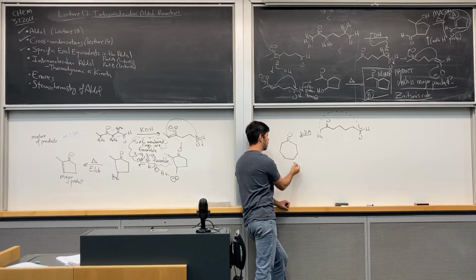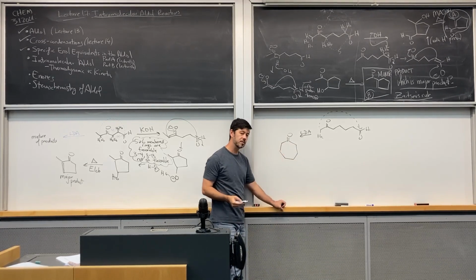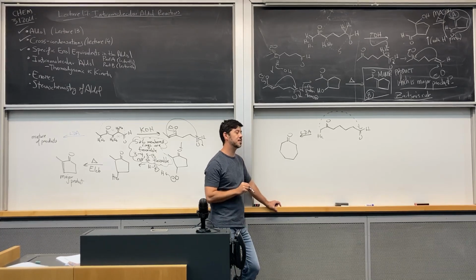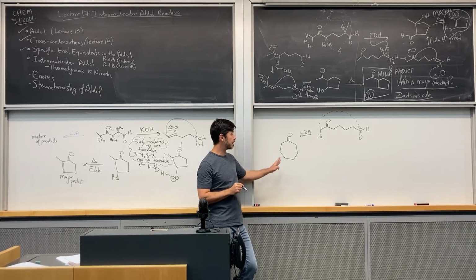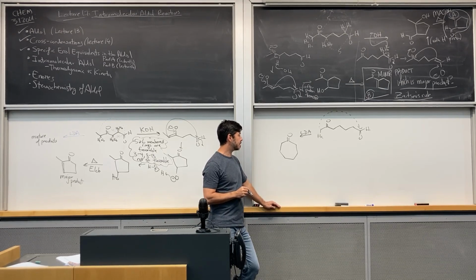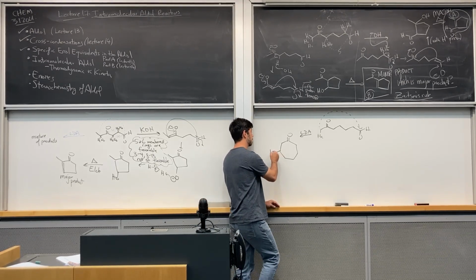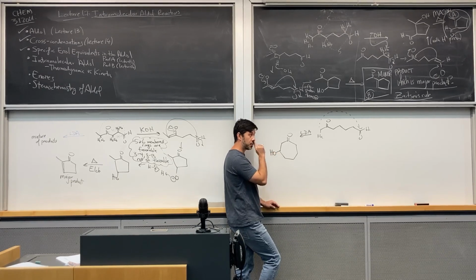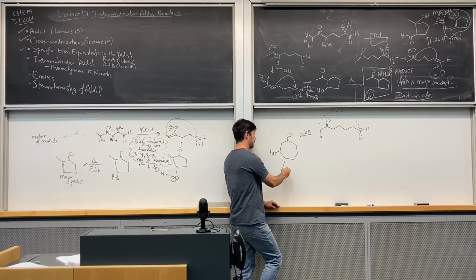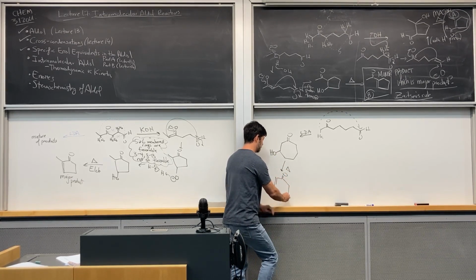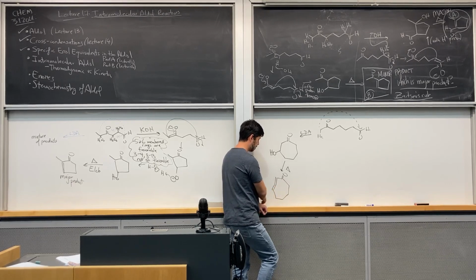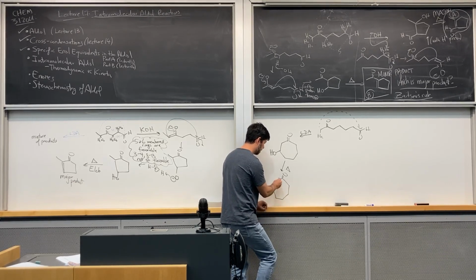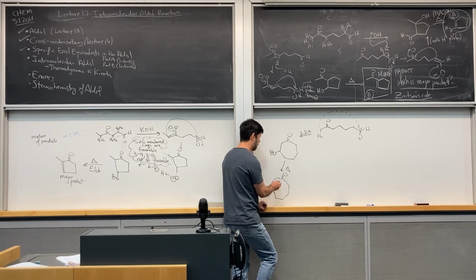1, 2, 3, 4, 5, 6, 7. 7-membered rings are a bit tricky to draw, especially if you've been drawing 6-membered rings for a while, but that's a 7-membered ring. It's definitely not the favorite product from a thermodynamic standpoint, but if you heat it up, this will be your compound. 1, 2, 3, 4, 5, 6, 7.